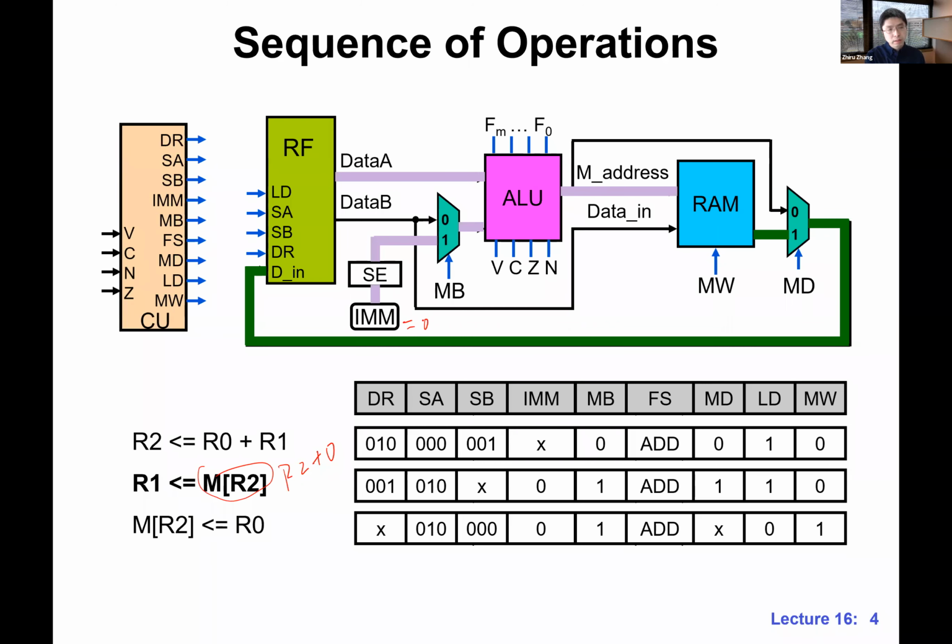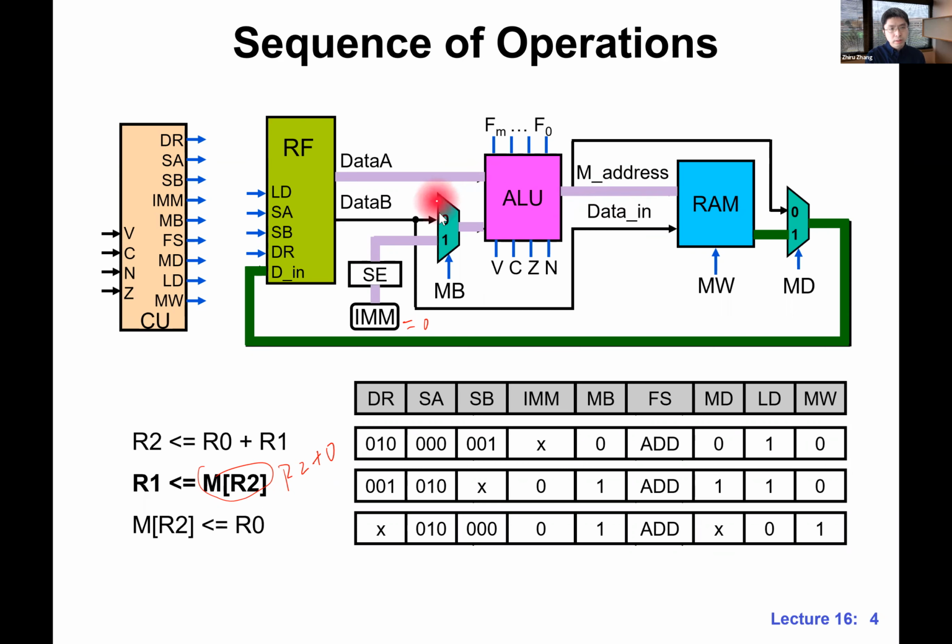But what else? Any high-level explanation why I have this color code? Why do we have these two kinds of heavy lines? There's actually a distinction. Very good. Here we are doing a load. We need to calculate a memory address, M address, the memory address.